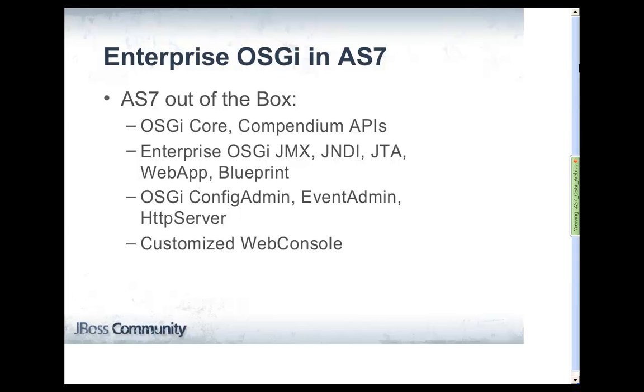There are services for configuration, eventing, HTTP service, wiring, XML parsing, and a lot of stuff that you would normally want to use. We have JMX, JNDI, JTA, Web App, and Blueprint. We also have a web console available, which you will see in a minute.